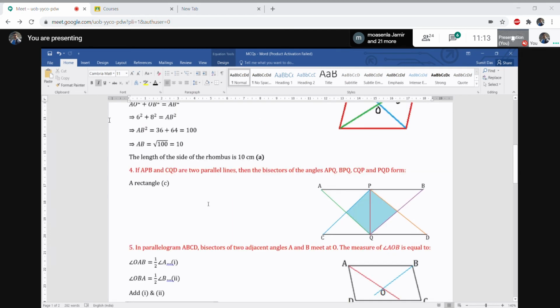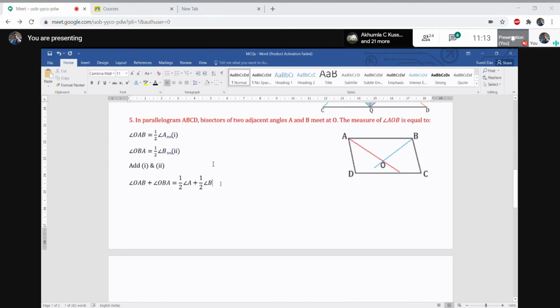Then next line, the sum of these two angles is equal to, if I take half common, what will be left inside? It will be A plus B, right?